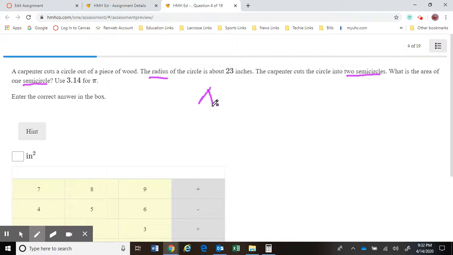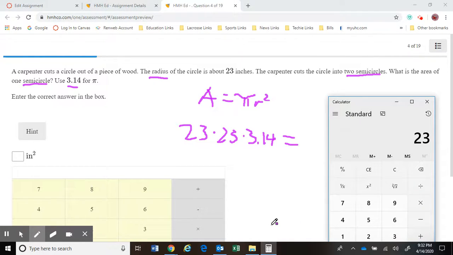Of course the area is pi r squared. It says use 3.14. So 23 times 23 times 3.14. What is that? 23 times 3.14.